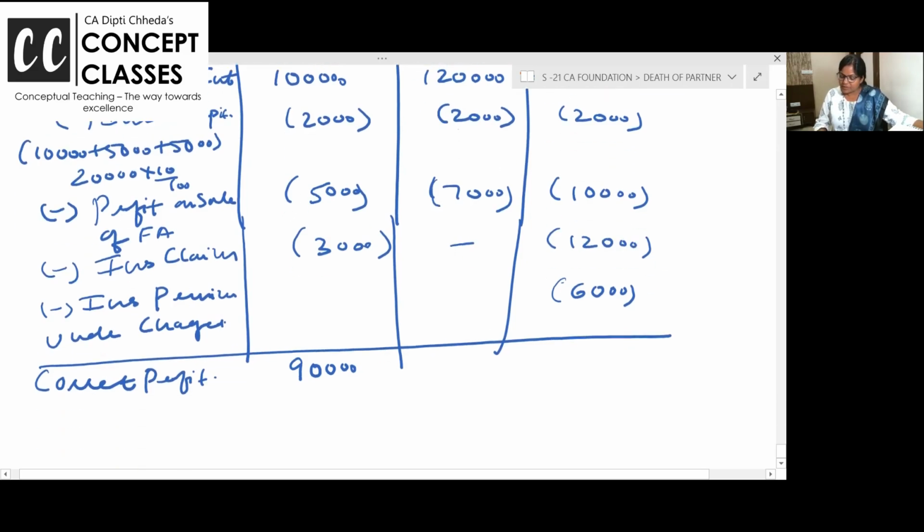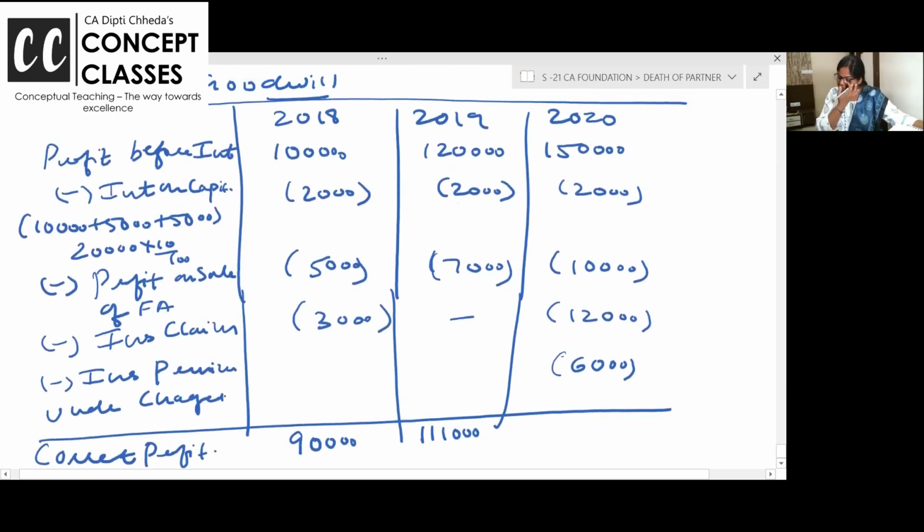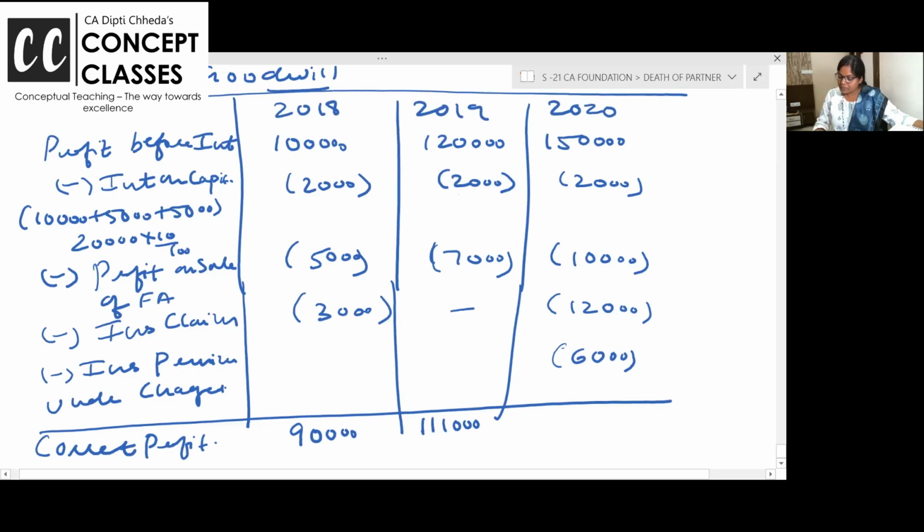And this is 7,000. 9,000 if you minus, 1,11,000. 150 minus 2,000 minus 10,000 minus 12,000 minus 6,000.